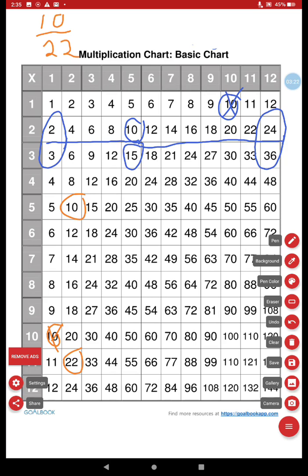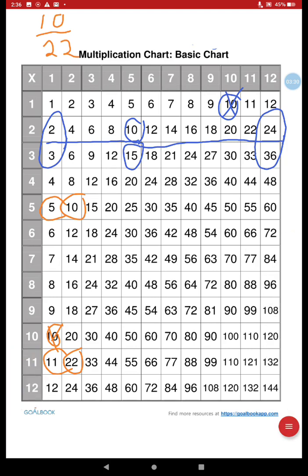I can still follow the same strategy of moving all the way to the left. 5 what? 5/11. So 10/22 equals 5/11 in simplest form. Or you can move it all the way the other way.